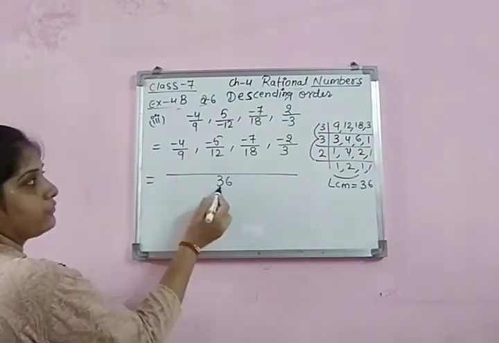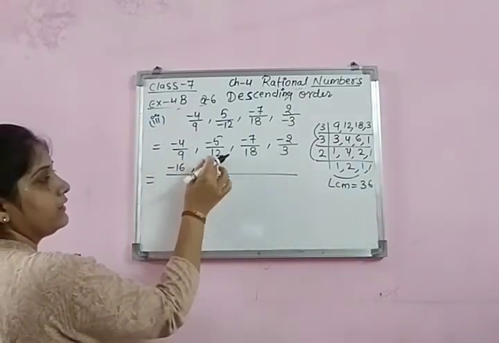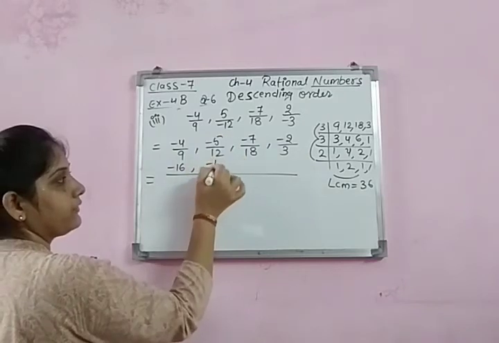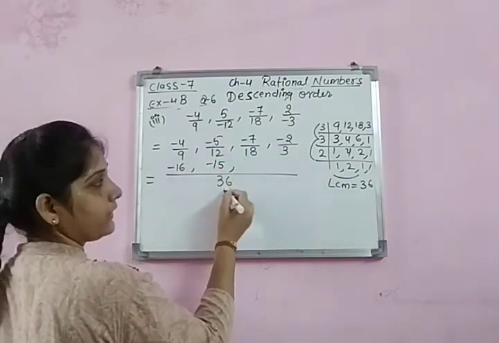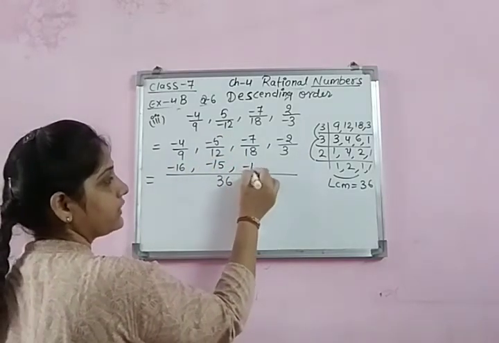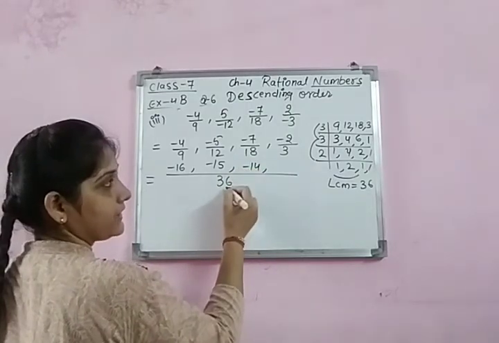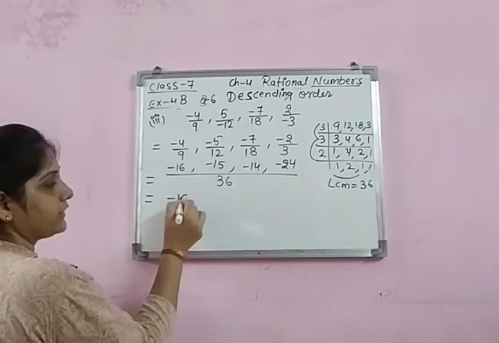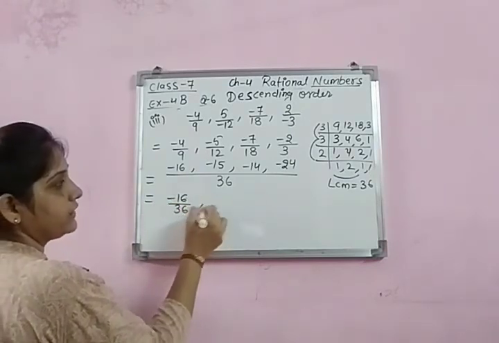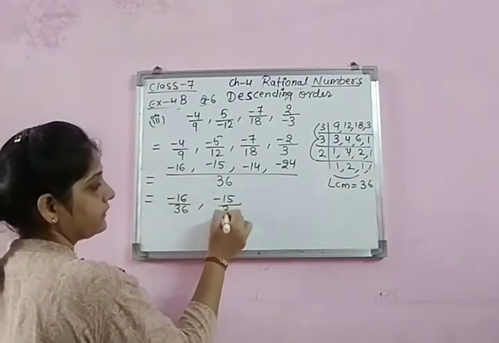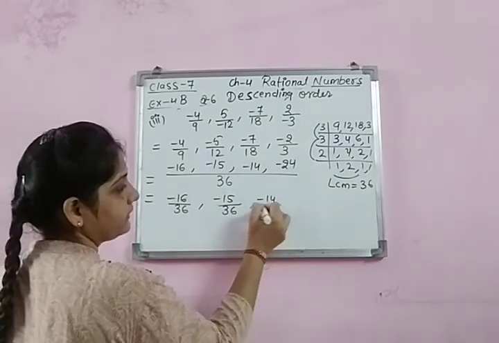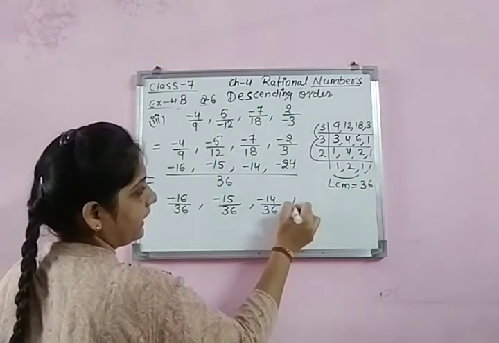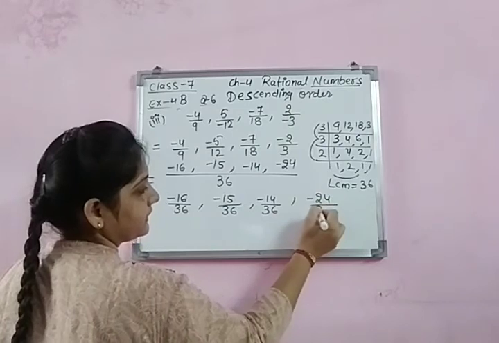Now solve. 9 4s are 36, 4 4s are 16. 12 3s are 36, 3 5s are 15. 18 2s are 36 and 2 7s are 14. 3 12s are 36, 12 2s are 24. Please write in fraction, in rational number form. Each number: minus 15 by 36, minus 14 by 36 and minus 24 by 36.